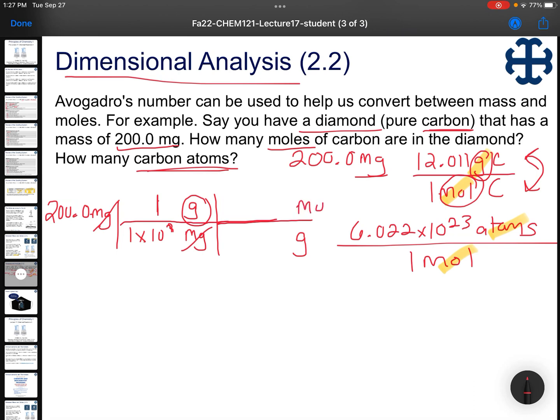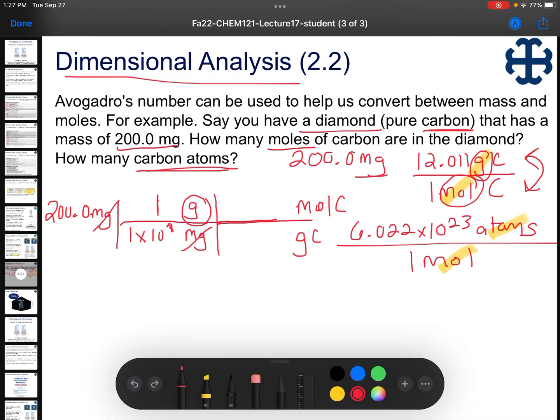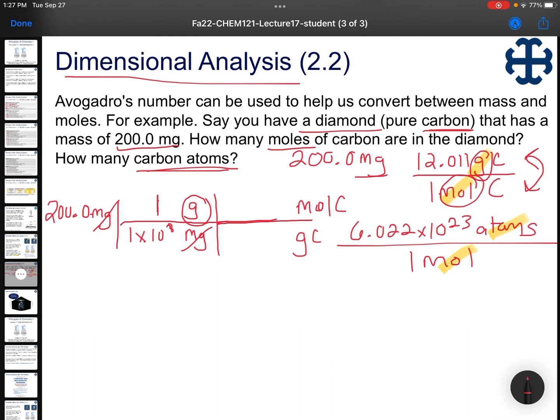That means I'm going to put moles on top, and I'm adding the C there to describe that we're working with carbon. Okay, and so I don't have 1 gram of carbon. I know that I have 1 mole of carbon. According to my conversion factor, I would have 12.011 grams of carbon. Okay. Then our units cancel, grams cancel, and we're left in moles of carbon.